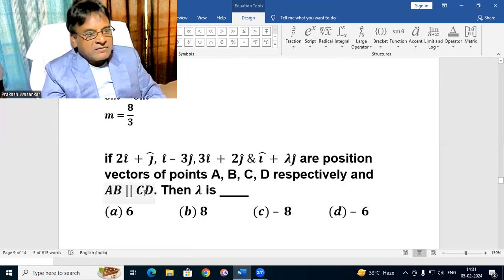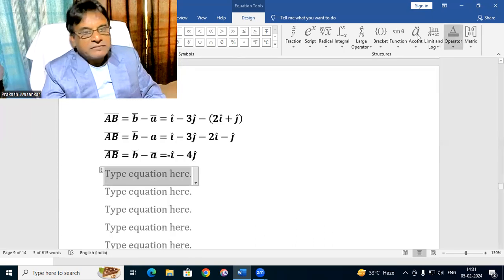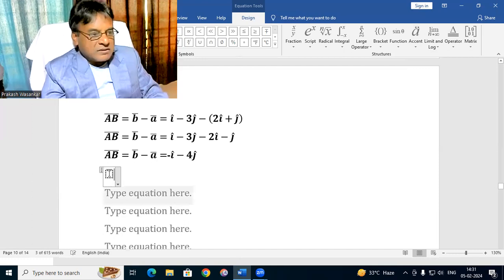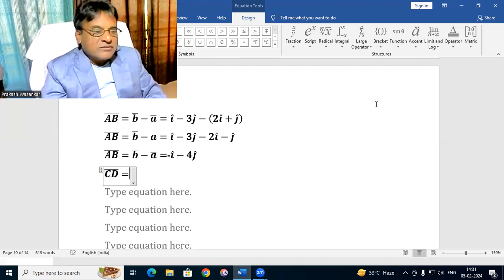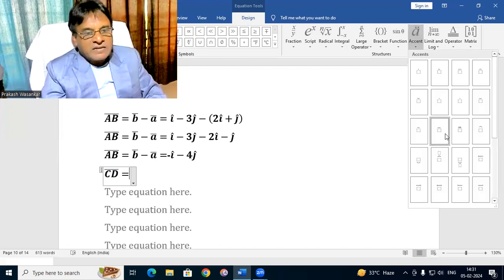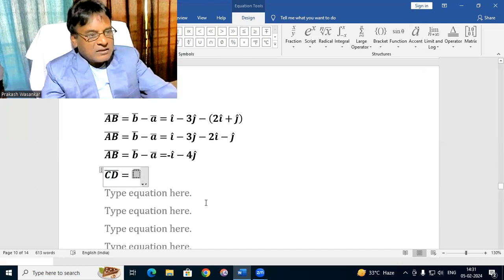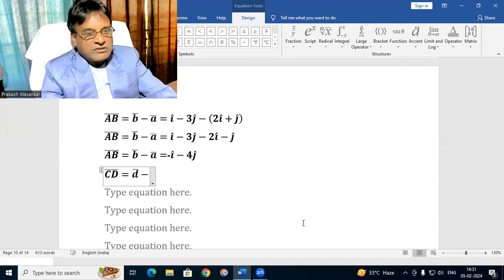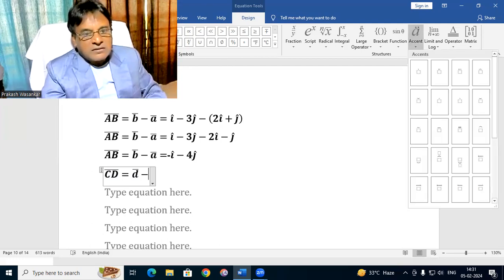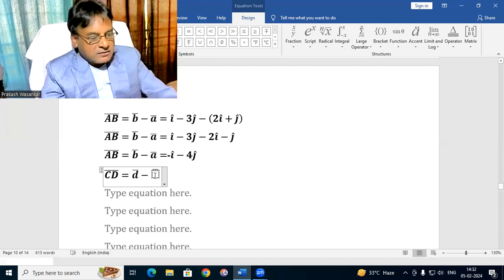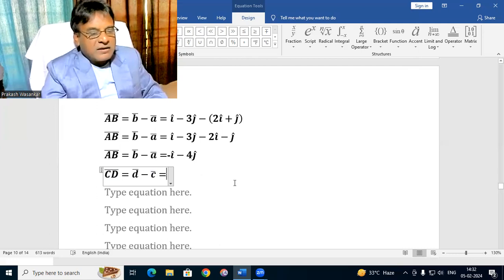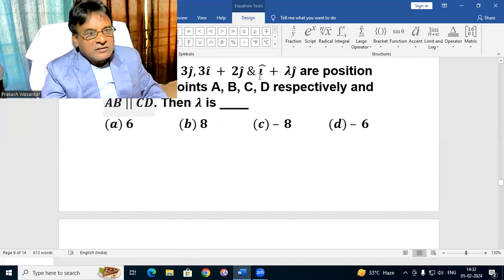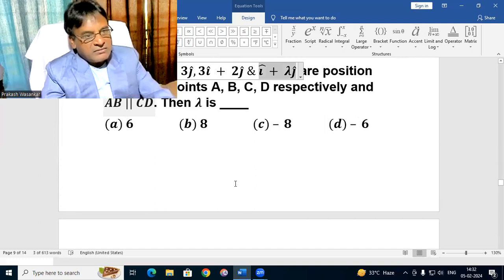Next, similarly, we find CD bar. CD bar is equal to the position vector of point D, that is D bar, minus the position vector of point C, that is C bar. D bar is given as i plus lambda j.